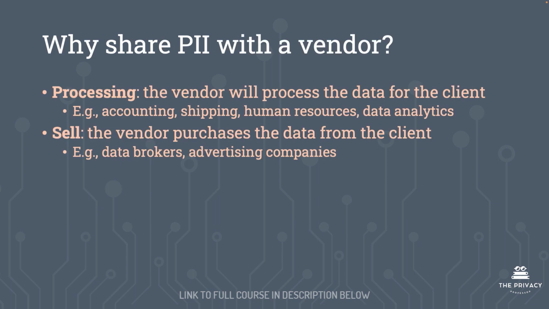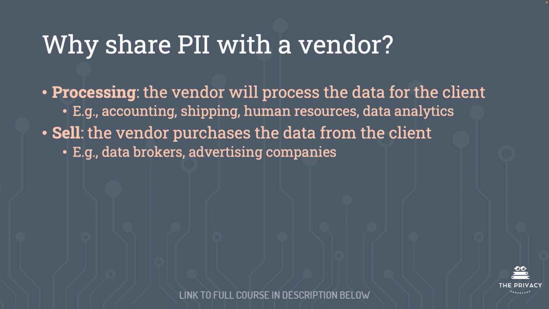Under what circumstances would we share PII with a vendor? And we've come across a few of these examples before. One example is processing. This is a situation where we're asking a vendor to process data for us, perhaps our data or the data of a client.